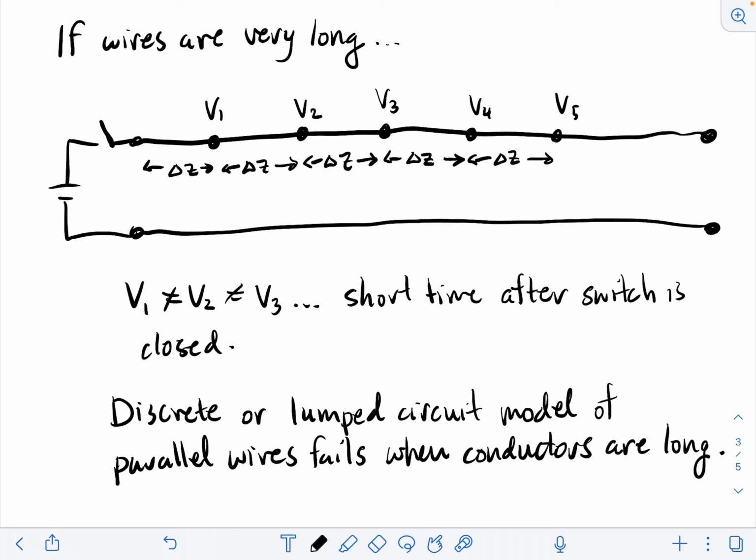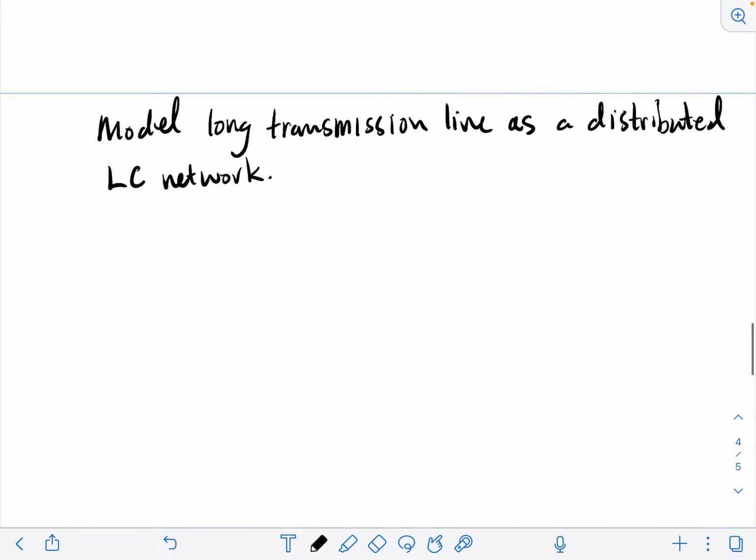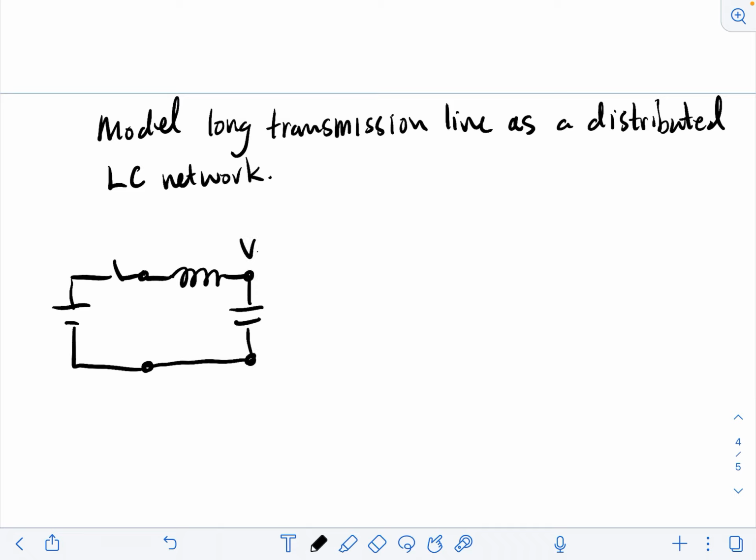We'll daisy chain them. Okay, and what that looks like is, here's our switch. And so the first little section of transmission line has an inductance and a capacitance. And then we measure V1 here. And then the next little section has an identical inductance and capacitance.